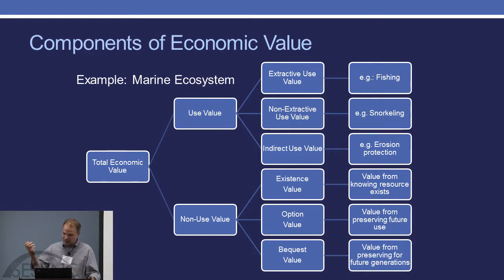Extractive use value, that's physically extracting the resource from its in situ state. Indirect use values, we get indirect uses from ecosystem services. Some folks will categorize indirect use values, ecosystem service values, as passive use or non-use. Partitioning these into well-defined buckets isn't really critical, just that we acknowledge that there are lots of different components of value.